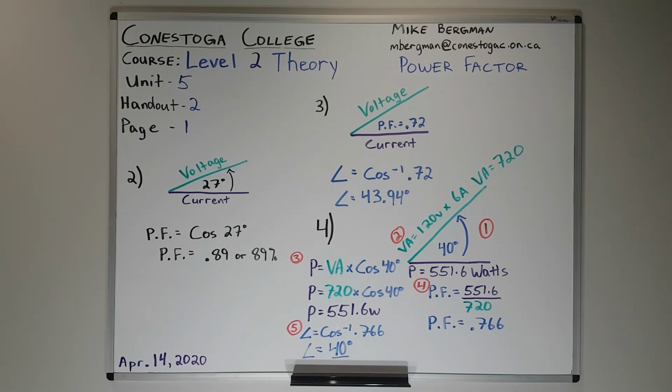So if you go to step 5 at the very bottom of the board, I did cos inverse of 0.766 and I get an angle of 40 degrees, which checks out. So 551.6 watts, which was the missing number at this point, has to be correct. So I checked my work, and that is a good way to ensure you're getting the proper numbers.